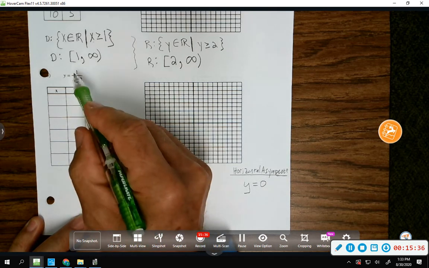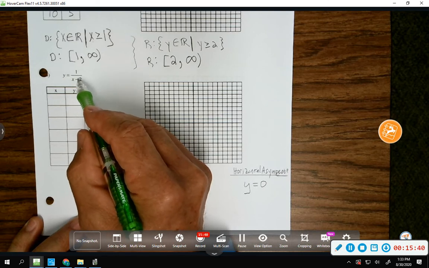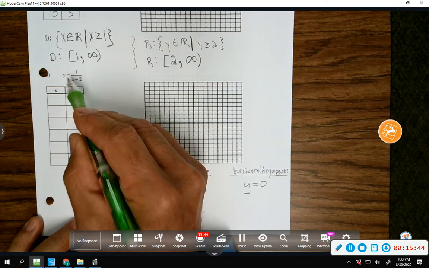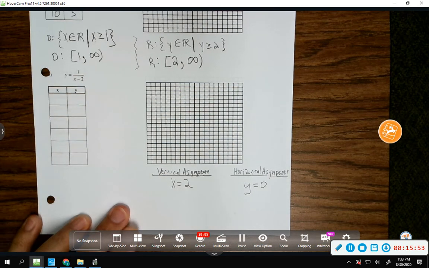If the degree on top equals the degree on the bottom, if this was x over x minus 2, we would look at the coefficients of the highest degree terms. Whatever that ratio is, we would set y equal to that ratio. And we'll see some examples like that as we go along.